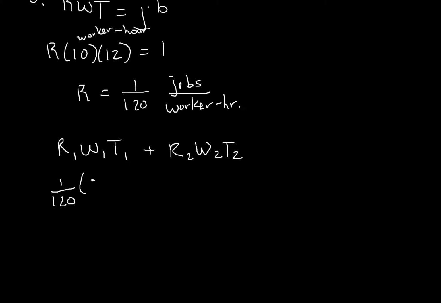It starts out with 8 workers for 5 days. And then we don't know how long it's going to take. Each worker still does 1/120th of a job per worker day, and we only have 4 workers this time, and the time is what we don't know, so we call that T. And that's still going to equal 1 job.